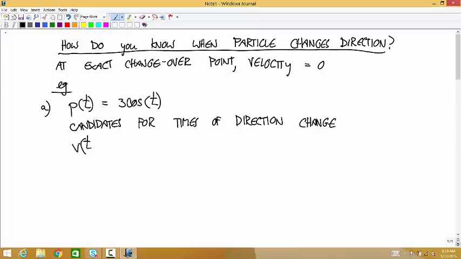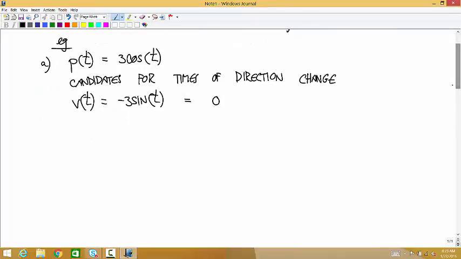So v of t is equal to -3 sine of t, and set that equal to 0. And those would give you the candidates for the changeover points. You'd have to look a little farther with a complicated function like this.